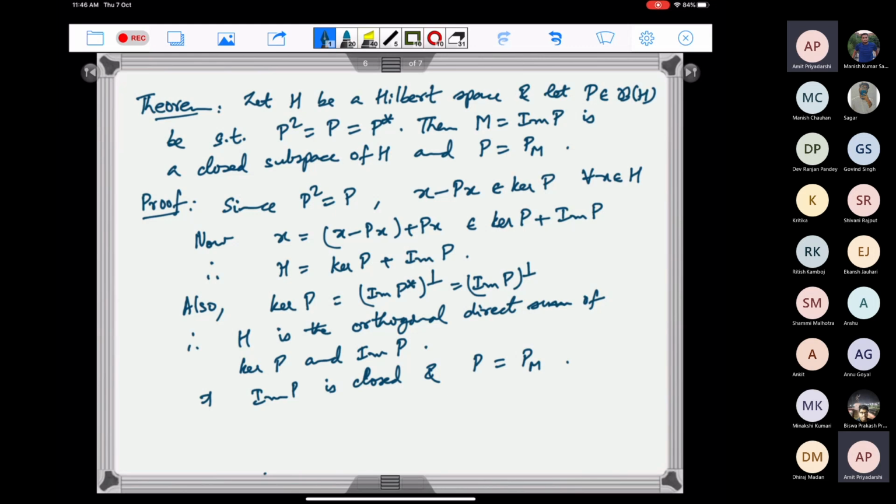But here you know that X minus P of X belongs to the orthogonal complement, because the orthogonal complement is the kernel. So therefore P equal to PM is also true.